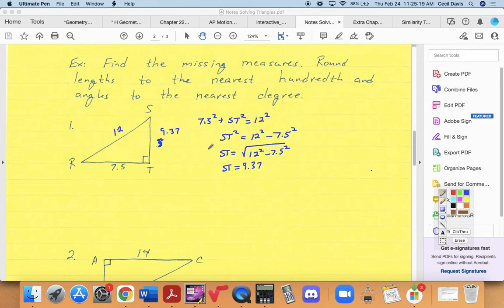To find angle R, 7.5 is which side? Adjacent. And this is the hypotenuse, so that's going to be? Cosine. The cosine of R is 7.5 over 12. So R is the cosine inverse of 7.5 over 12.